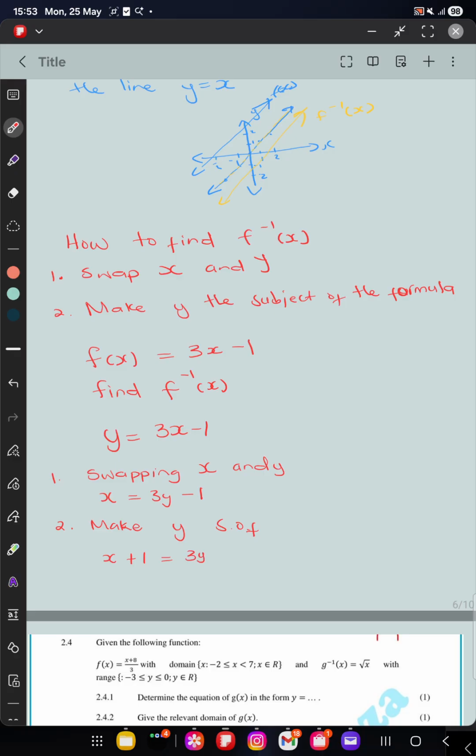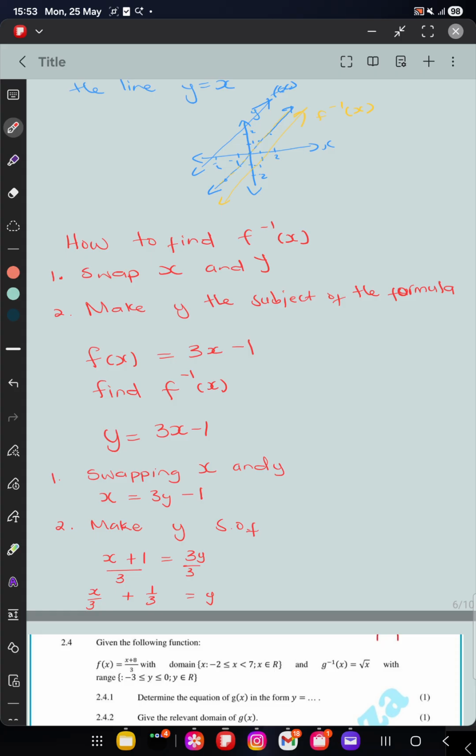To remain with y, I'll divide everything by 3. So divide by 3, divide by 3. Therefore, y equals x over 3 plus 1 over 3.